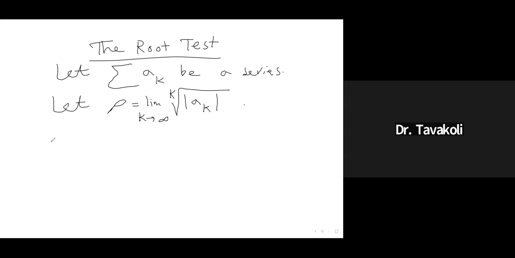Again, we have three possibilities to decide about the series. If rho is less than 1, then the series sigma ak is absolutely convergent. Absolutely convergent.